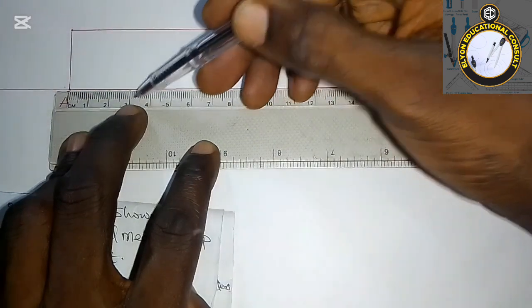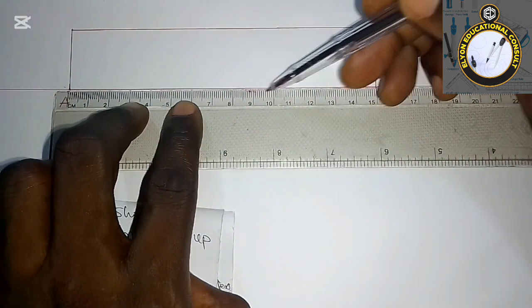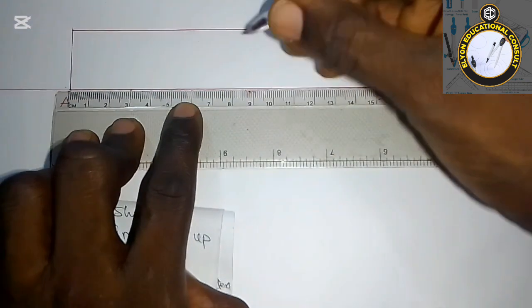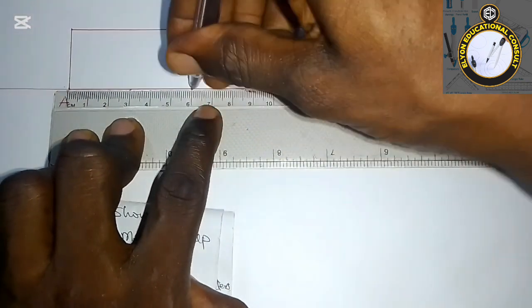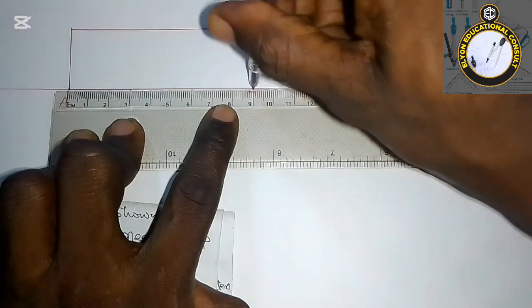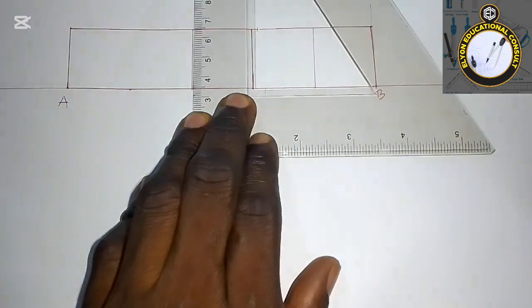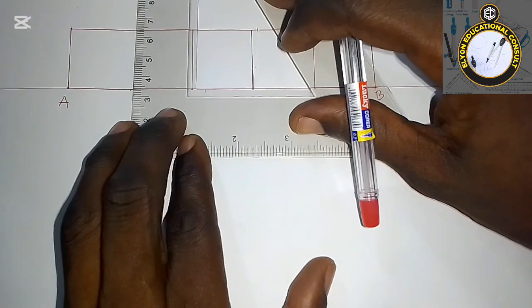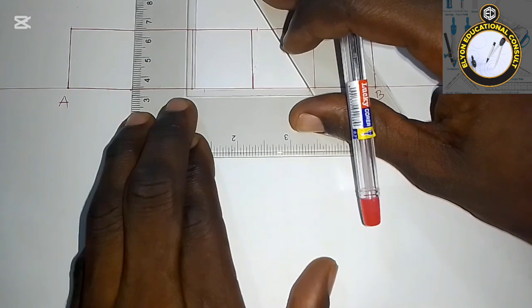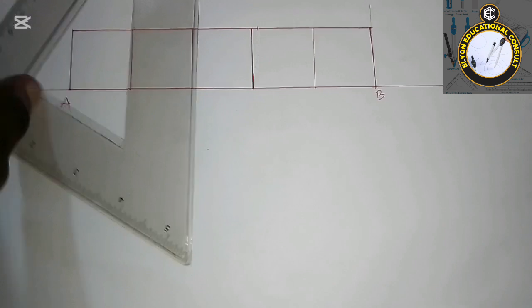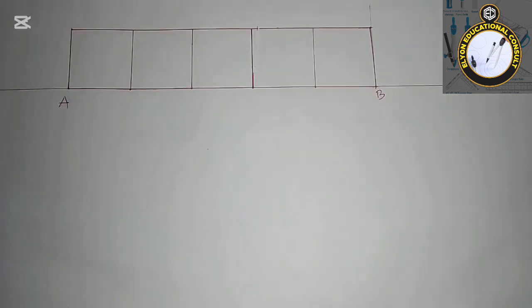So if we have 3, 6, 9, 12 like that, and then we go to the last one. All right, so this is our division.